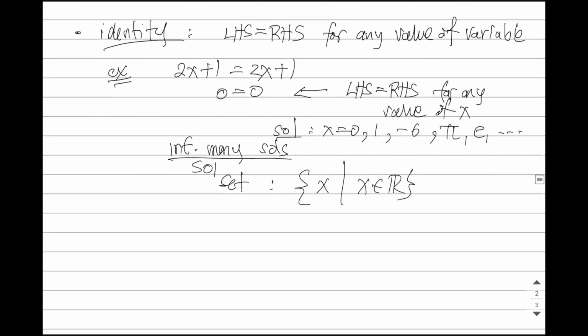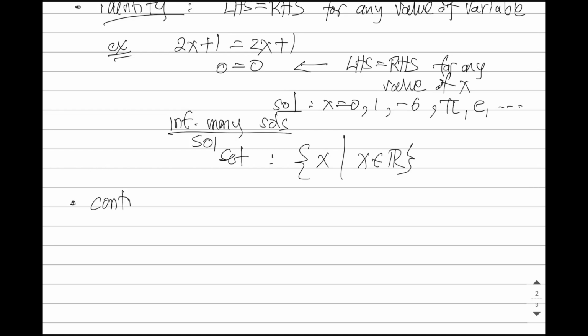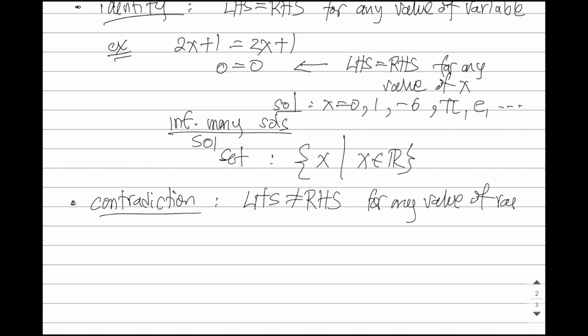Now there's a final type of equation that we are going to see a lot, called a contradiction, where the left-hand side will never equal the right-hand side for any value of the variable. So 2x equals 2x plus 1. This could be reduced down to 0 equals 1.